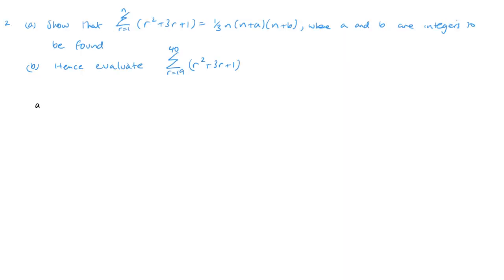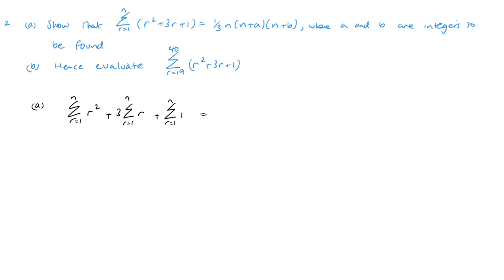Okay, question 2. So we've got the sum between r equals 1 and n for r squared plus 3, and then the sum of r plus the sum of 1. So that is what we're looking at.